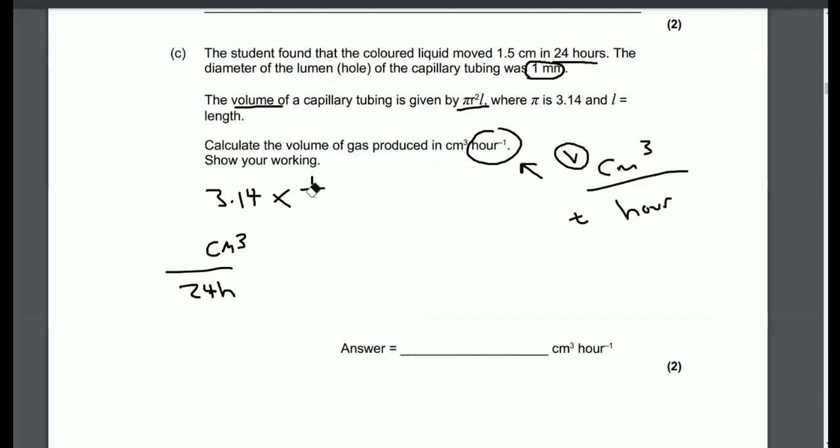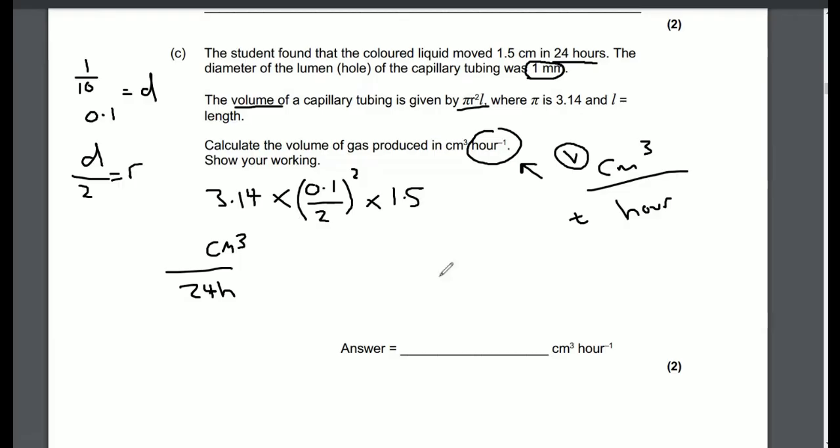1 over 10 is 0.1, but that is the diameter. So 0.1 or 1 over 10 equals d, the diameter. We need to do the radius. So remember, d divided by 2 equals the radius. So I need to do 0.1 over 2. That's 0.05. And we need to square that, because it says it's squared there, and then times it by the length, which is 1.5, and then that gives us the centimeter cubed.